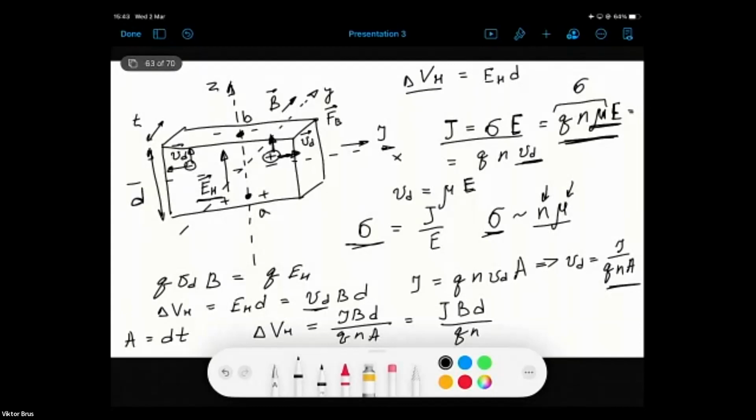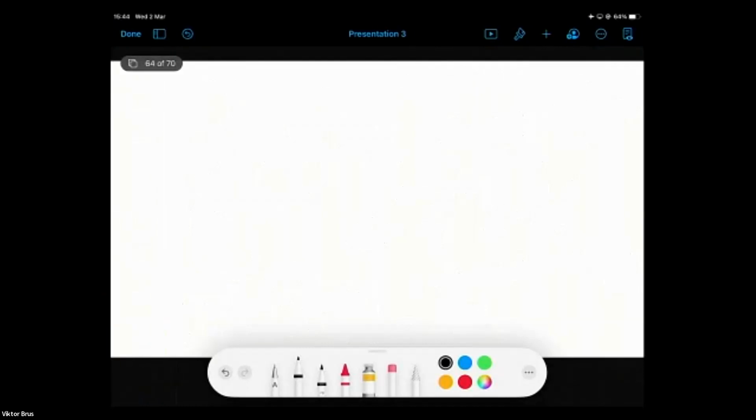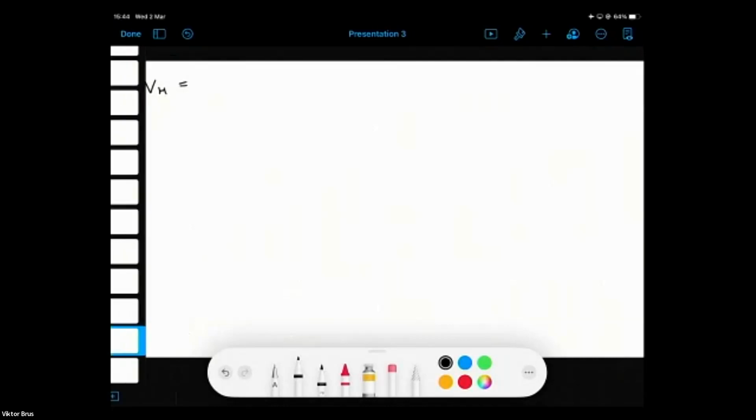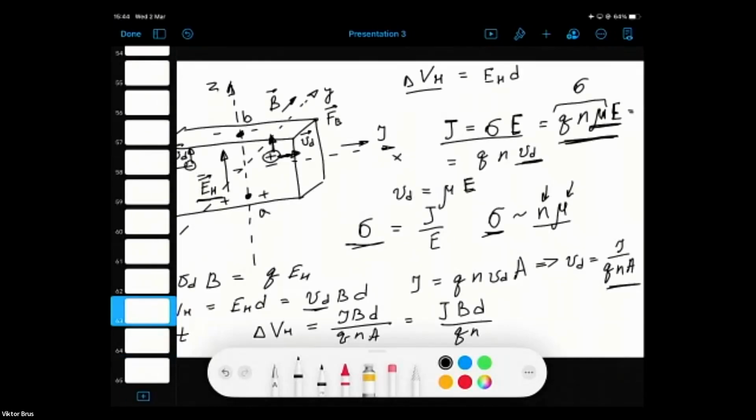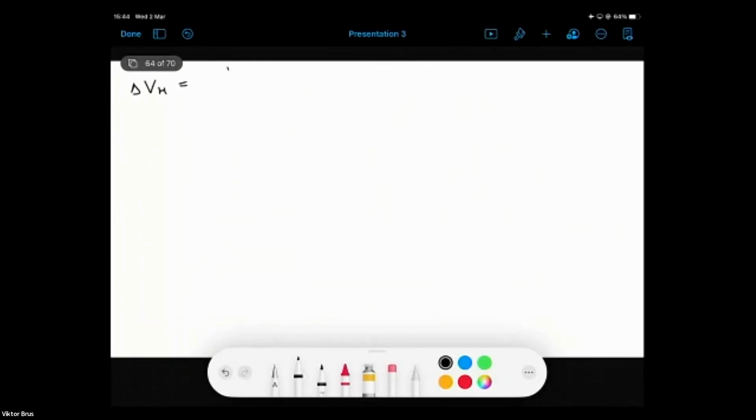So this equation let us write on the new slide. So we have more space. Potential difference, Hall voltage, will be equal JBD divided by Qn.